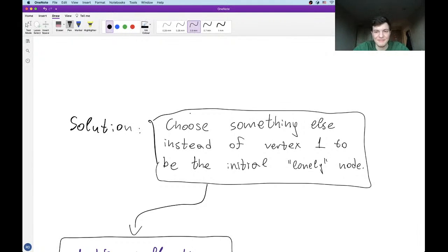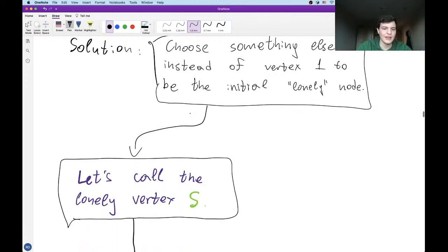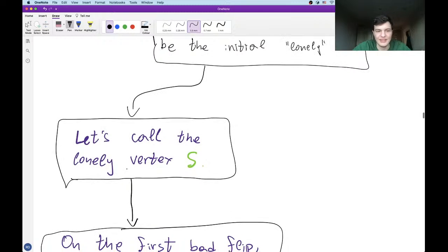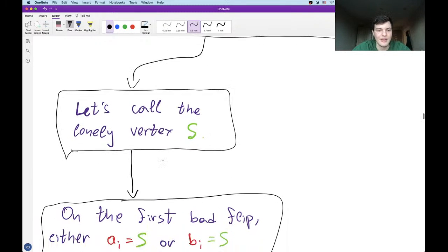So the main idea is to choose something else instead of vertex 1. Let's call this vertex S, the lonely vertex which we start with.